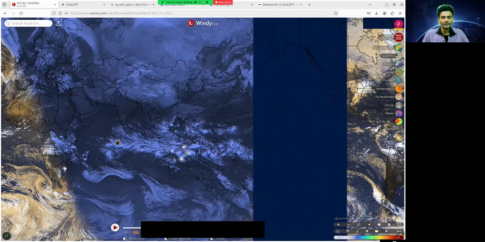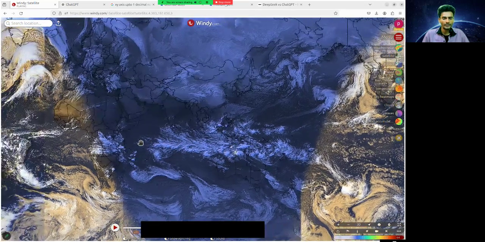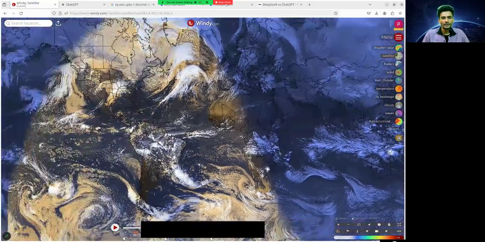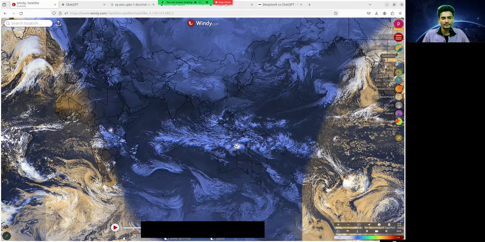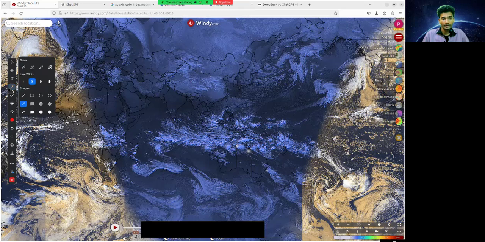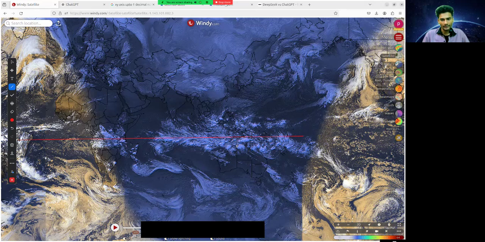So let's zoom out, and you will see that this ITCZ, the so-called intertropical convergence zone, actually starts over South America, and then extends via Southern Africa through the Indian Ocean up to the Southern Pacific. This is the typical activity region of this system.